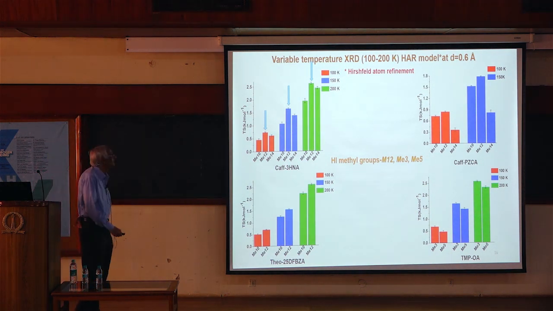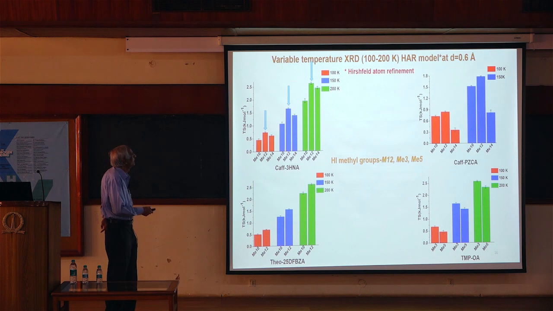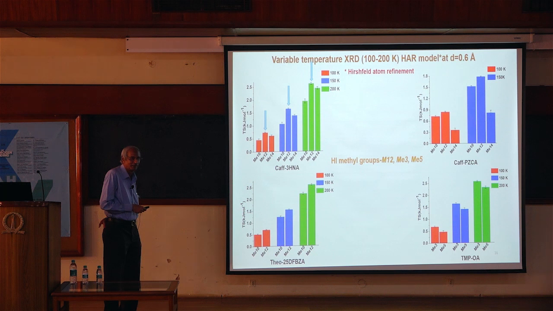And that seems to be the result, and of course I will skip this, otherwise my chairman will throw me out. So this is essentially to tell you that we did a very careful analysis of the X-ray data as well, because we wanted to look at whether it is a realistic effect or just a temperature effect. So we did the variable temperature XRD, and then used the quantum crystallographic approach known as Hirschfeld atom refinement. I wanted to give you some detail, but there is lack of time.